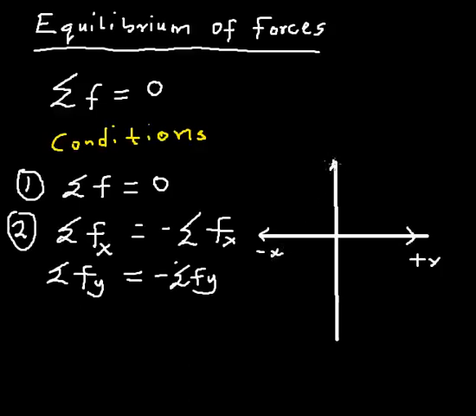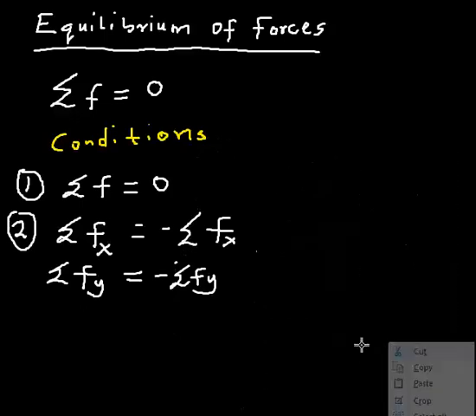This is upward, which is positive y, and this is downward, which is negative y. If this system is at equilibrium, that simply means that the sum of the forces acting in the positive x should be equal to the sum of the forces acting in the negative x, and the sum of the forces acting upward should be equal to the sum of the forces acting downward. So that is one condition.